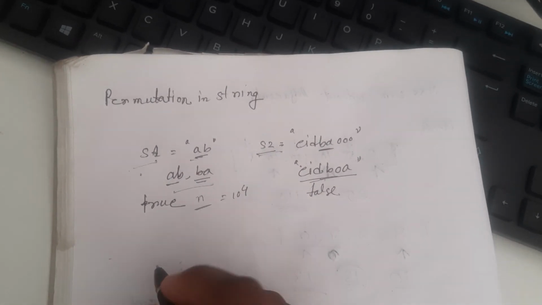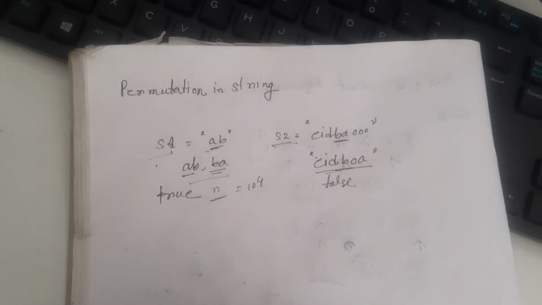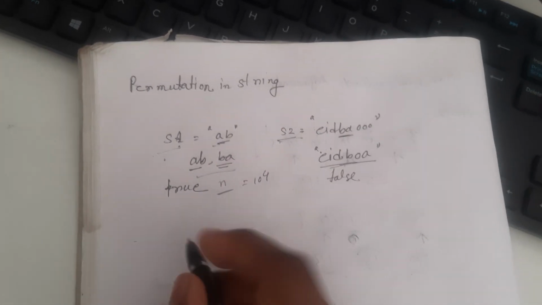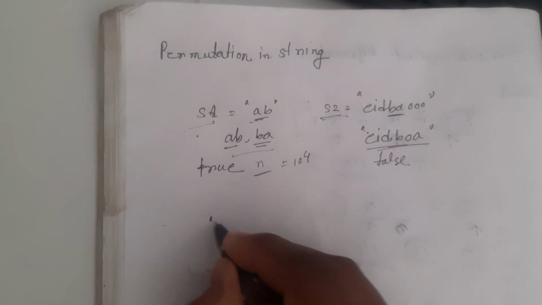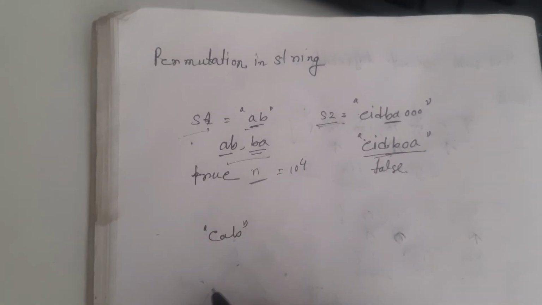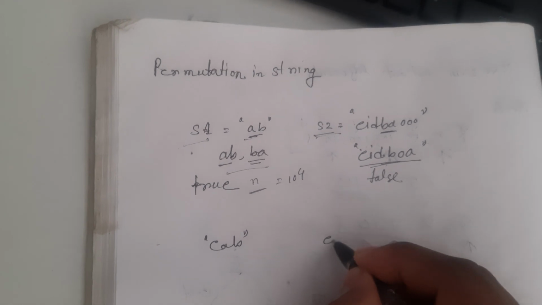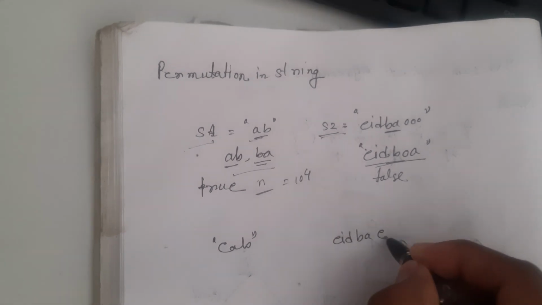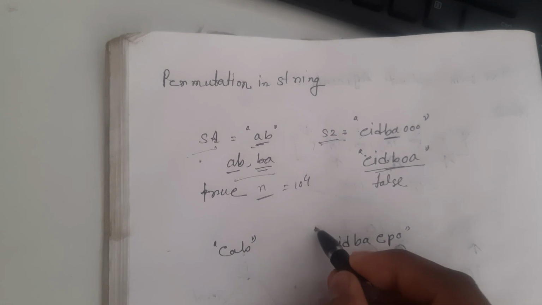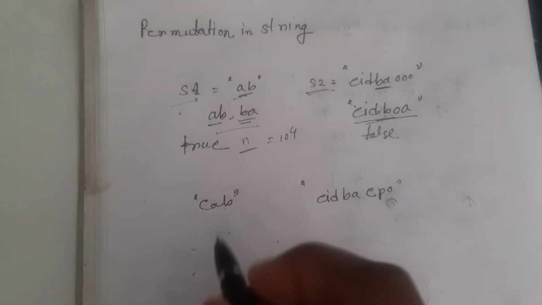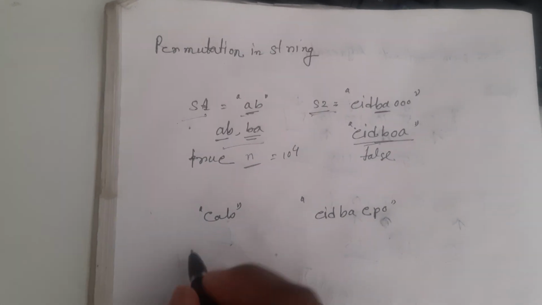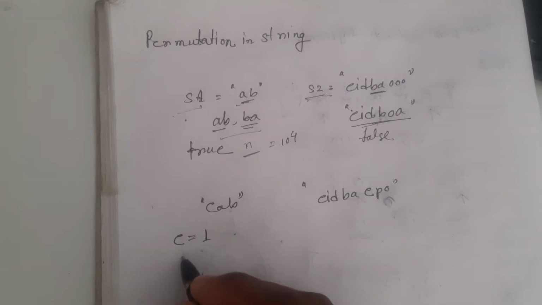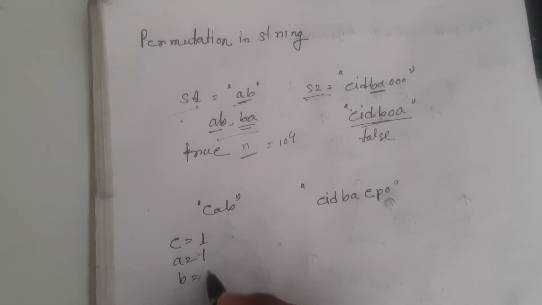Let's see with an example and try to analyze the approach. Let's say s1 is CAB and s2 is EIDBACPO. I will create a hash table for s1, so the frequency of C is 1, A is 1, and B is 1.